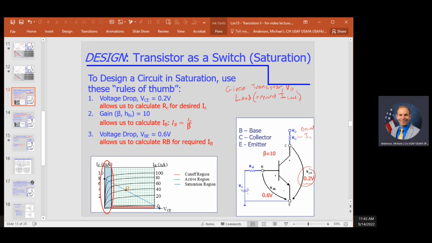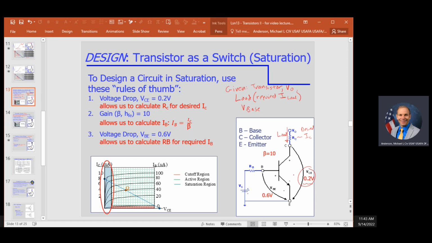So we want to make sure we have a certain amount of current going through a load, and we want to specify that. So you're given a transistor, you're given some voltage source and a desired current, and then you're probably given a given base voltage, and you need to pick resistors to get the transistor in saturation.